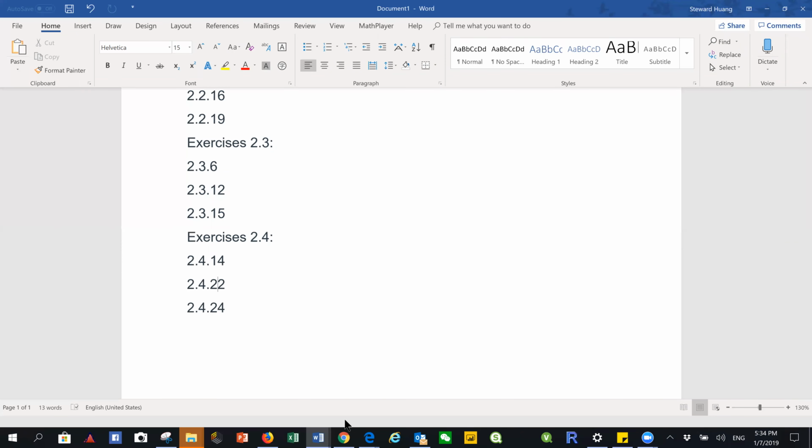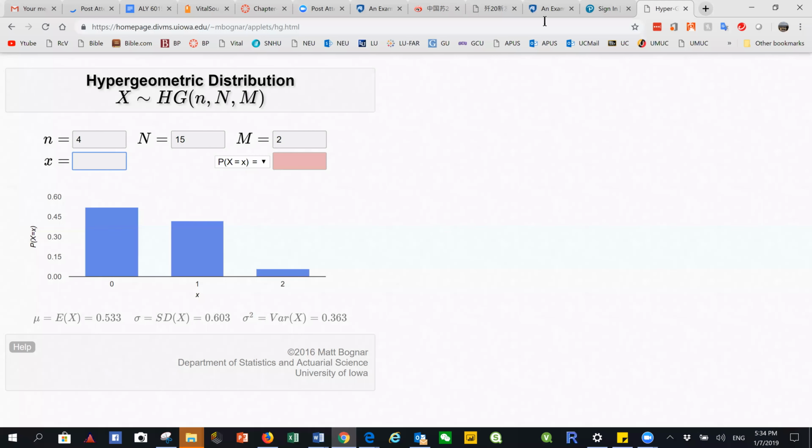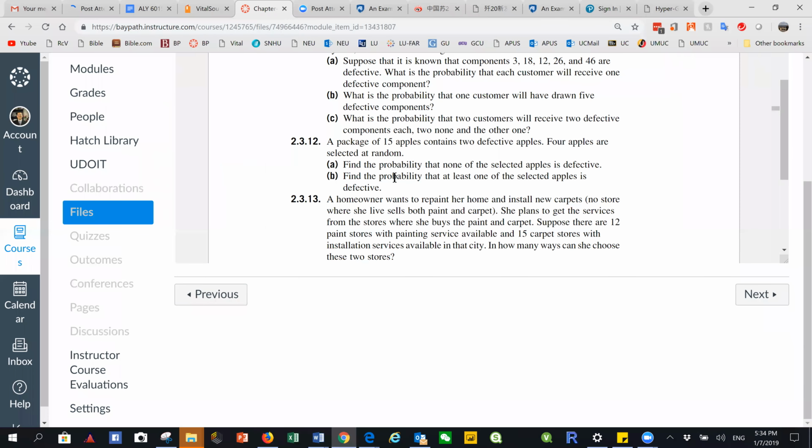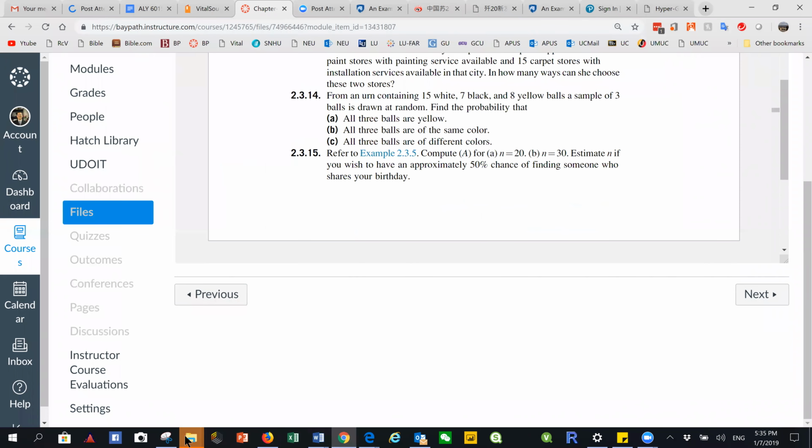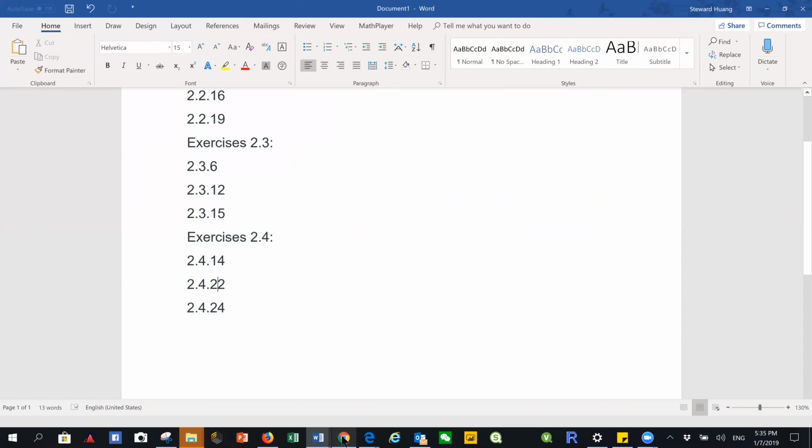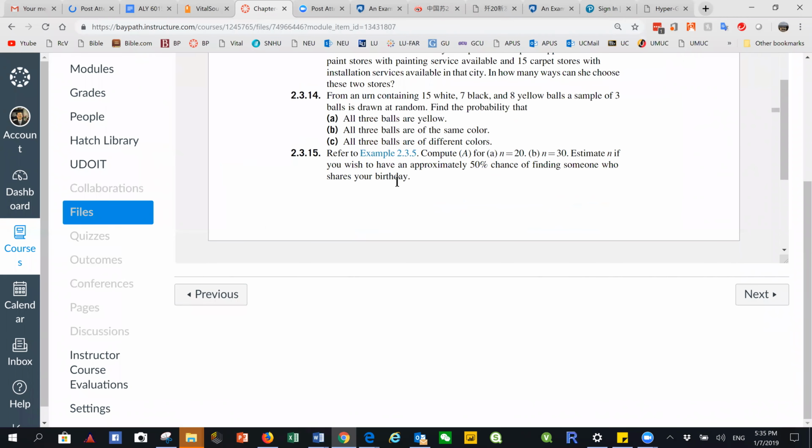2, 3, 12, 12, and then 19, 15. Example 2, 3, 5. I will let you think about this question. This one is more interesting, although a little bit challenging.